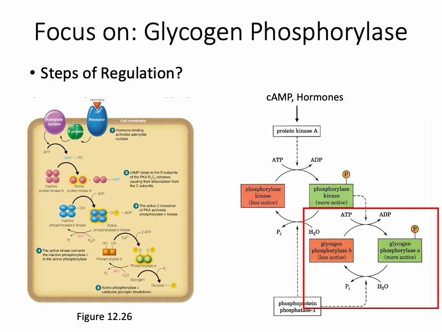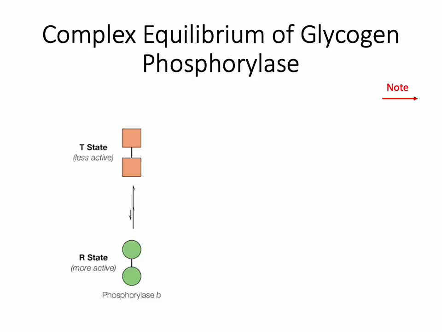So delving into glycogen phosphorylase. Glycogen phosphorylase can occupy two states, either a T state or an R state. The T state is significantly less active, whereas the R state is significantly more active. Shown over here is a schematic illustrating these two. These two states exist in equilibrium.